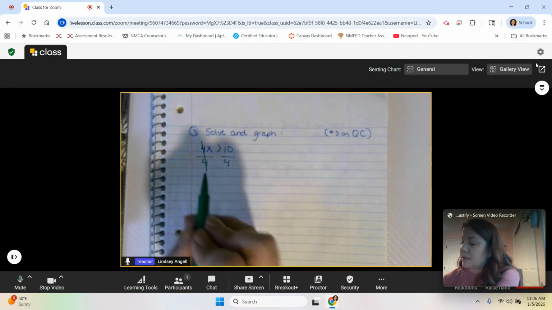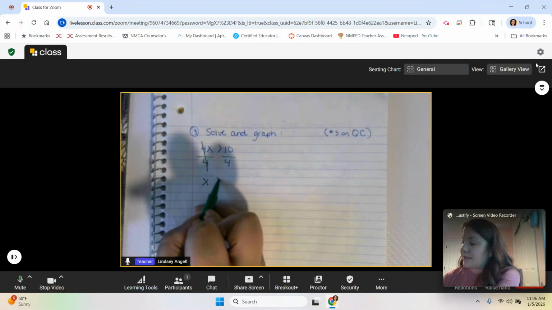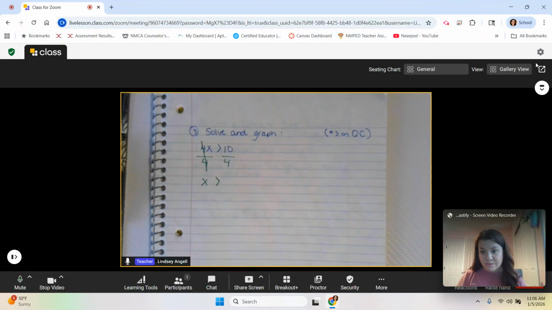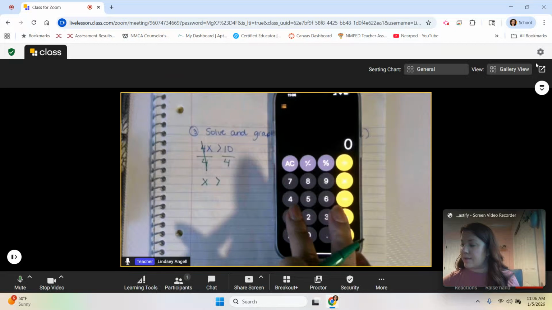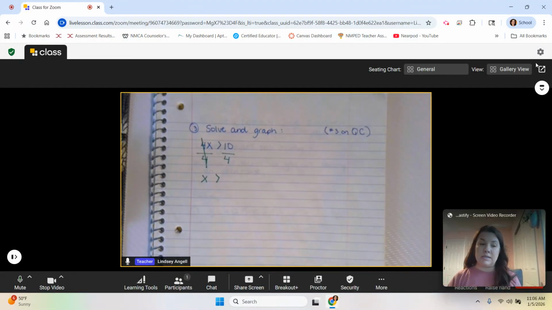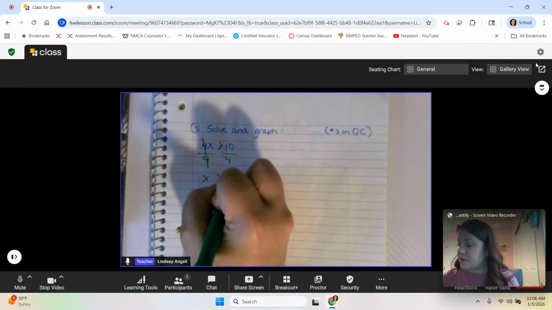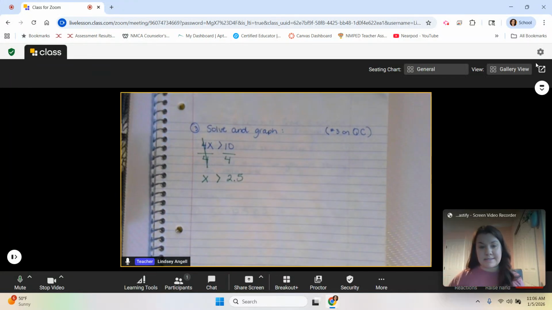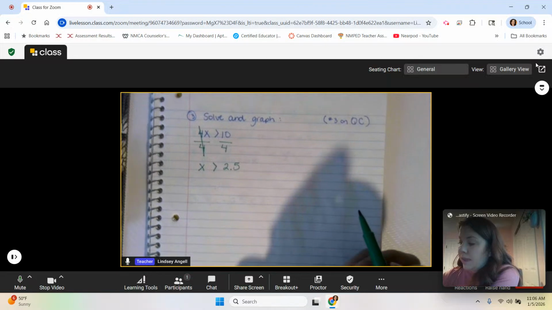These ones will cancel on the left, and we're left with x is greater than, oh look, finally a greater than symbol. That's helpful. And then we have 10 divided by 4. That gives us 2.5, or 2 5/10. Now that we've solved all operations within our inequality, we can graph.